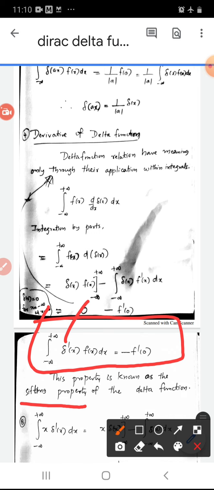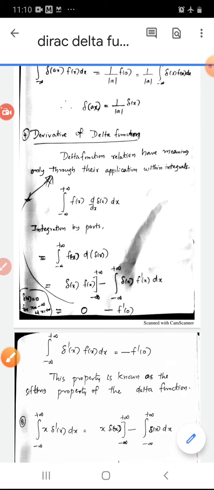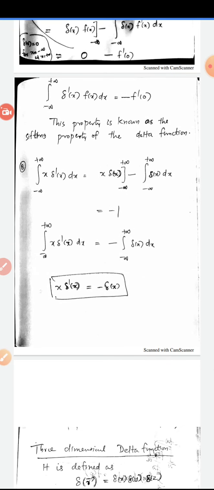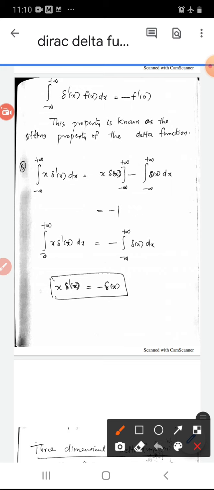Okay, so this is actually called the shifting property of the Dirac delta function. Another interesting thing is if you take minus infinity to plus infinity x delta prime of x dx.